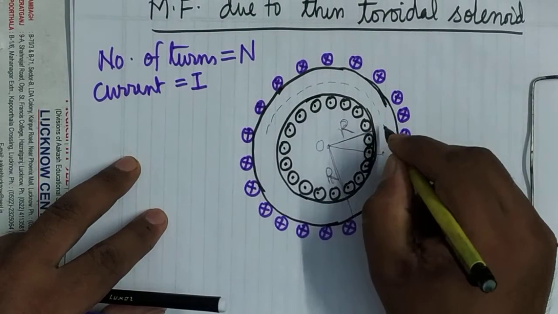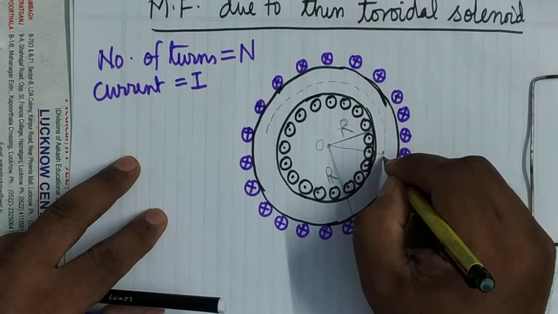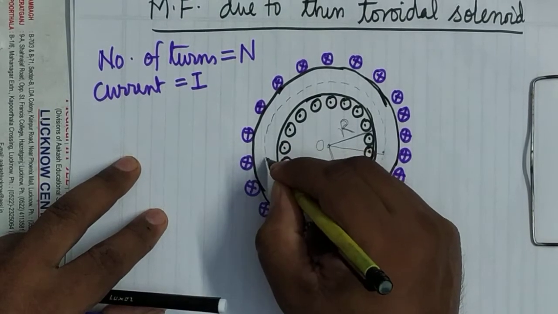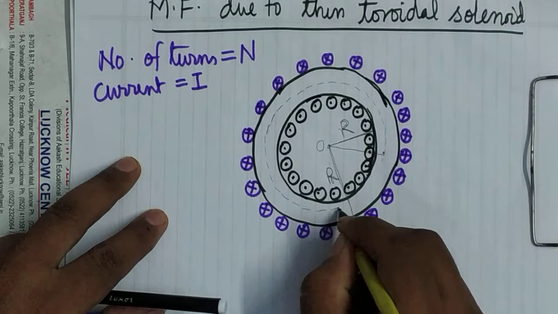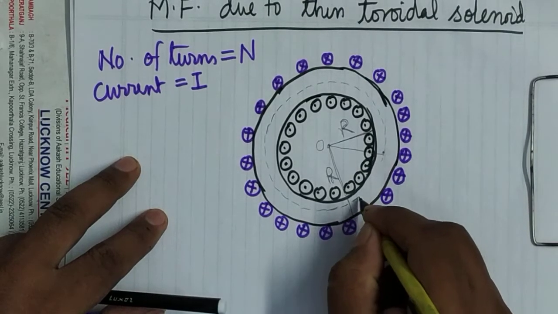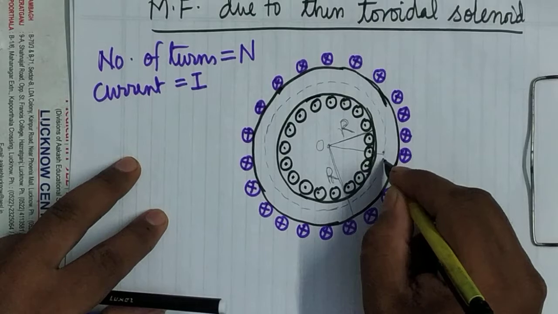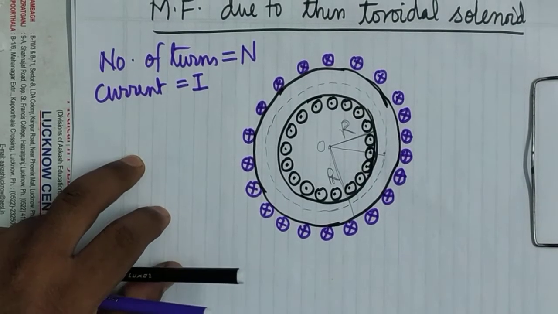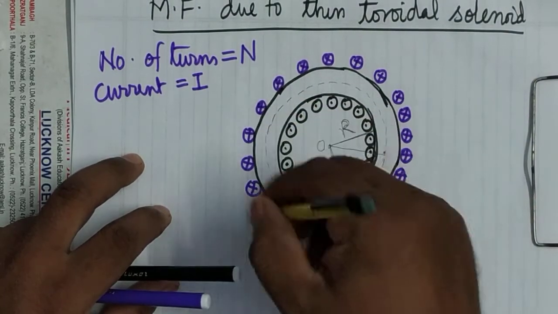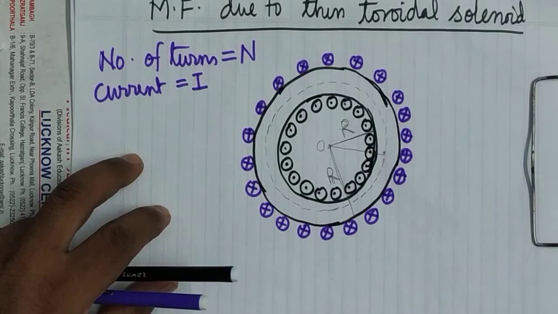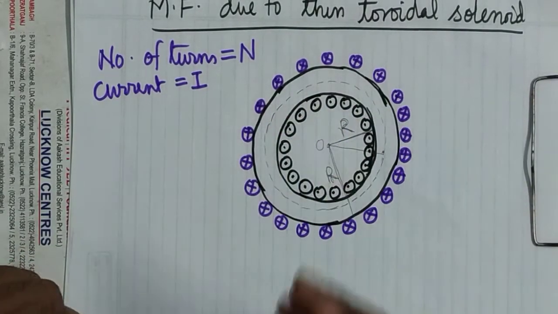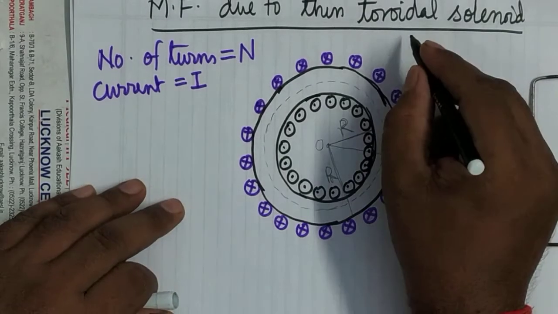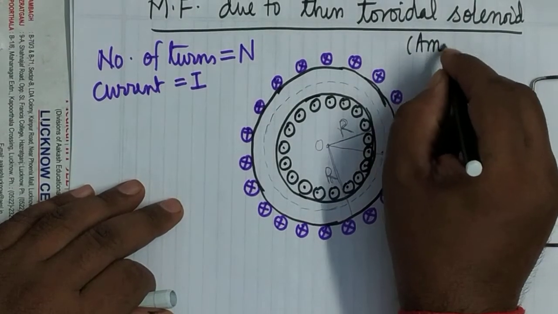This is the pattern of magnetic lines of force inside the core of the solenoid in the form of concentric circles. So here we will find the magnetic field by using Ampere's circuital theorem.